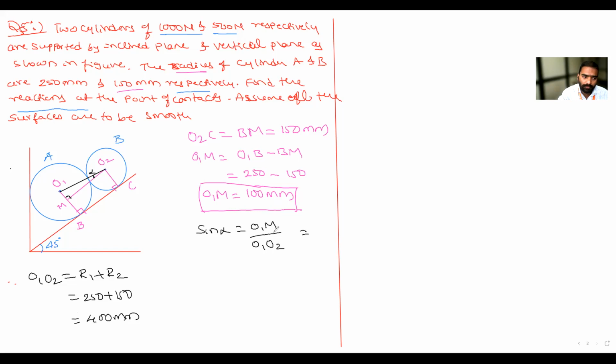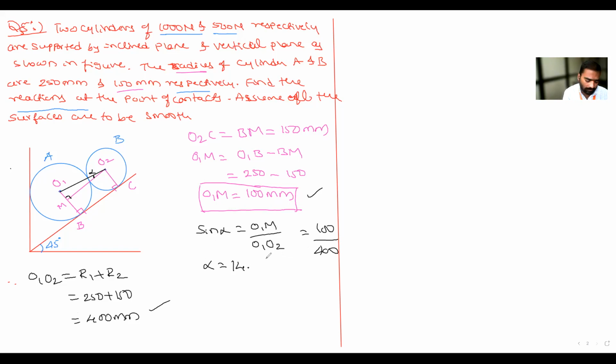So O1M is 100 and O1O2 is 400. So calculate the value of alpha. 1 by 4, how much? 0.25. Alpha is sin inverse of the answer.